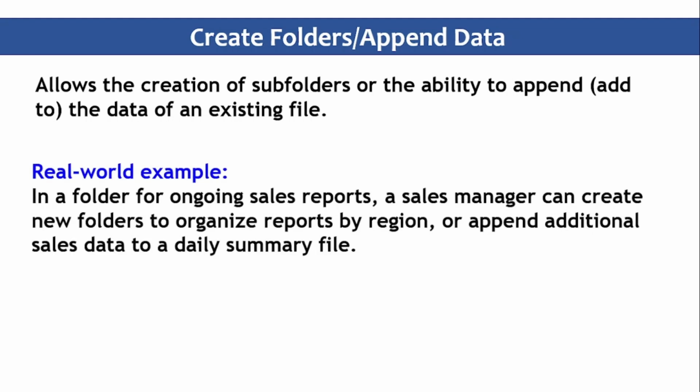Real life example: in a folder for ongoing sales reports, a sales manager can create new folders to organize reports by region or append additional sales data to a daily summary file. These permissions are very commonly used in most organizations.